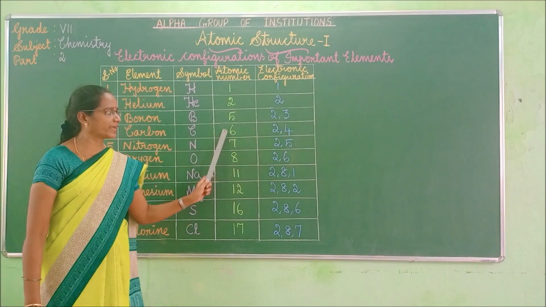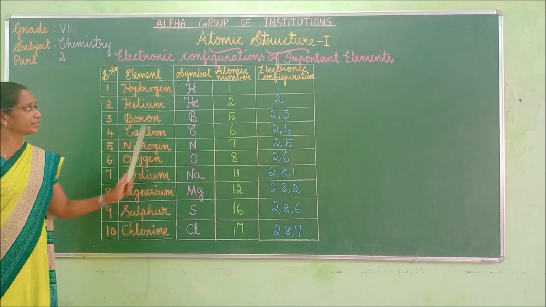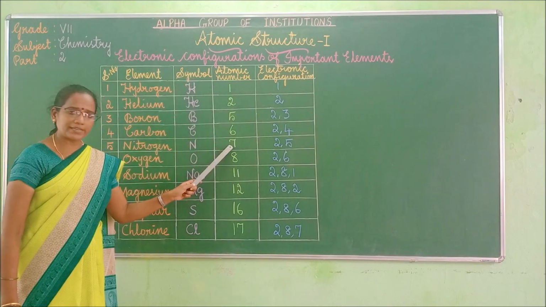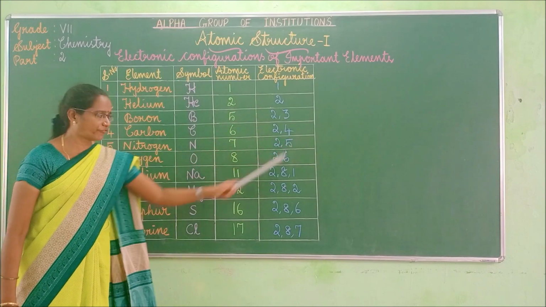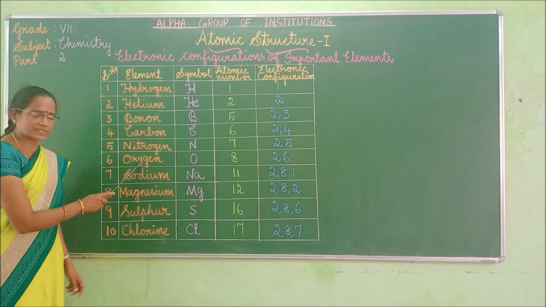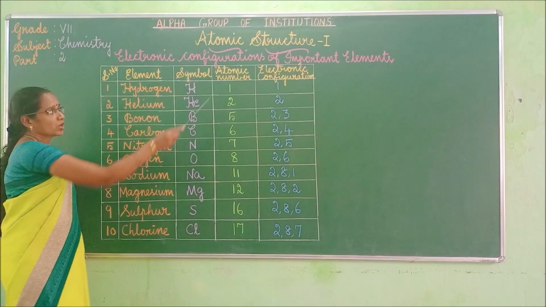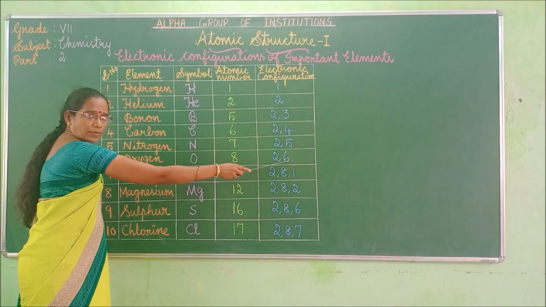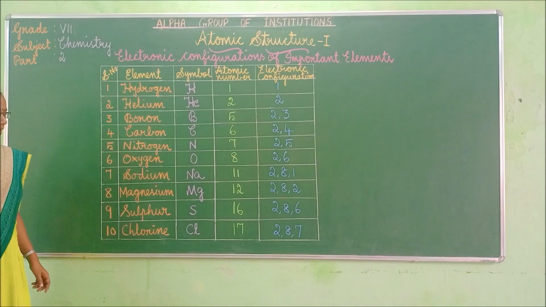So 2 plus 4 gives the atomic number 6. Next one is nitrogen. Symbol is N and its atomic number is 7. Electronic configuration is 2, 5. Next one is oxygen. Atomic number is 8. Electronic configuration is 2, 6.